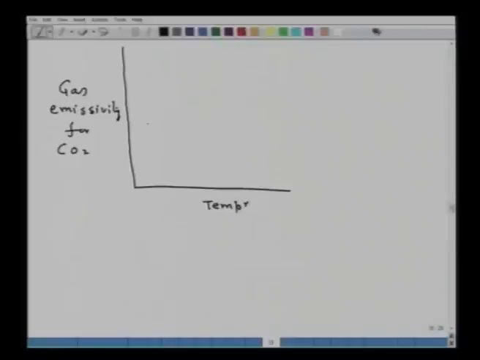These plots are shown as a function of P into L.